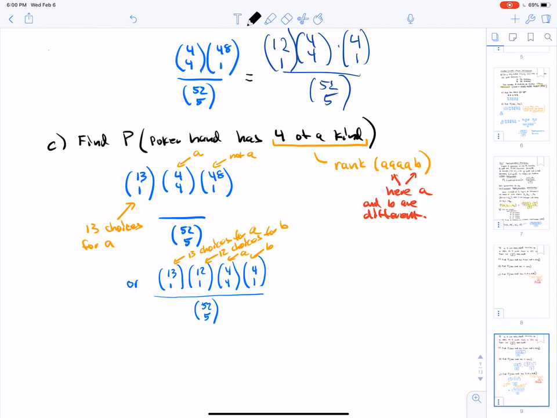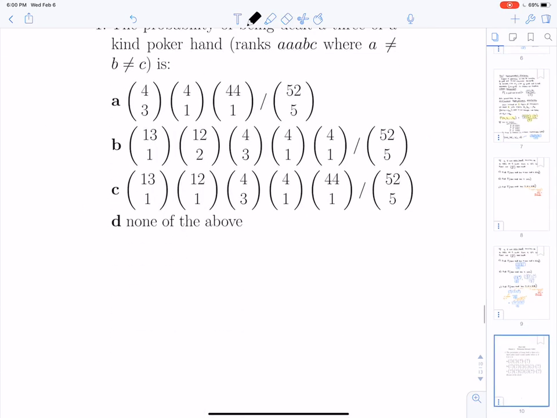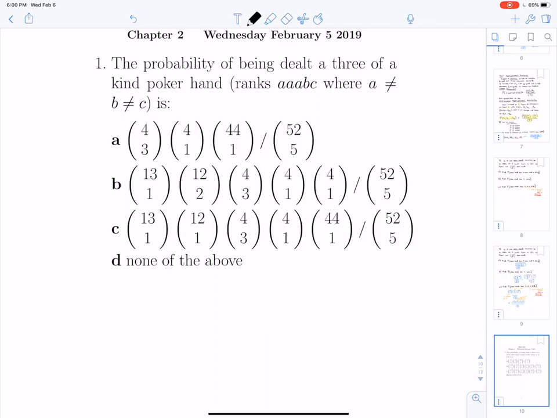Or another way to think about it is I have 13 choices for rank A, 12 choices for rank B, and I'm getting all the A's and 1 of the B's. So then we did a concept test.